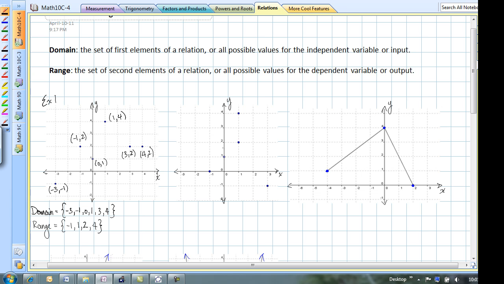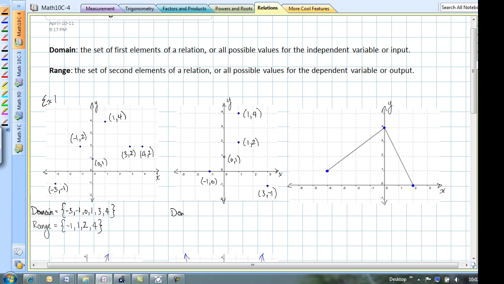If I take a look at the second set of values here, my relation, we again have some discrete points. So here we have -1, 0. We have the point 0, 1. This is 1, 2. And this is 1, 4. And this would be 3, -1.